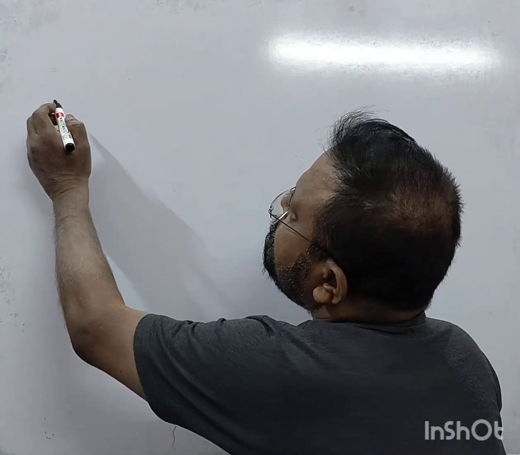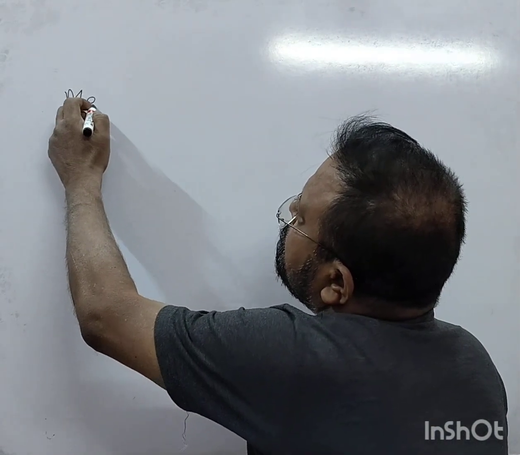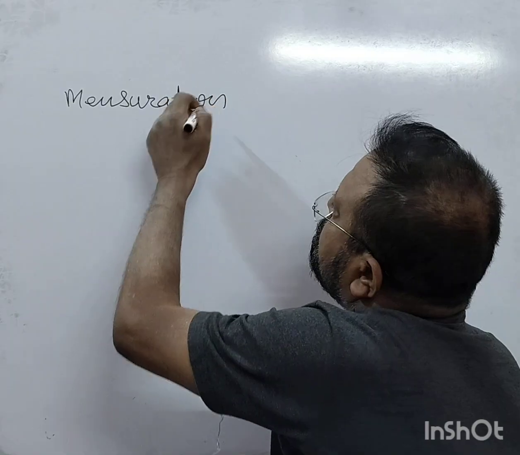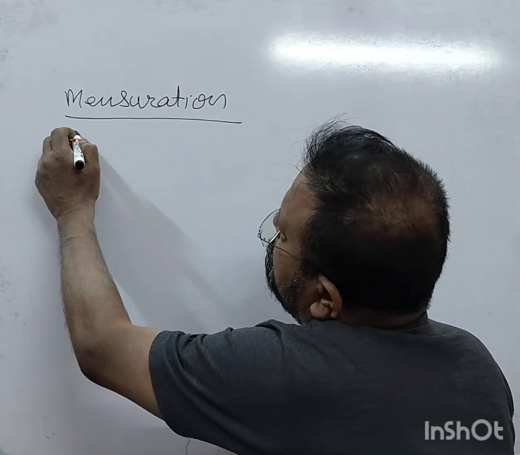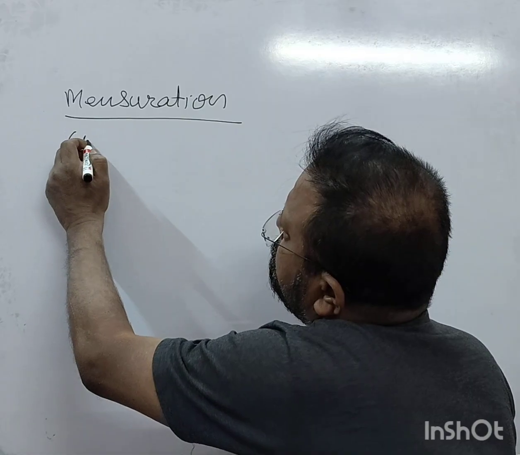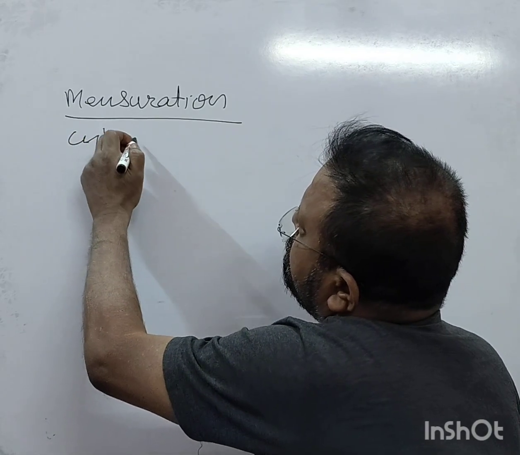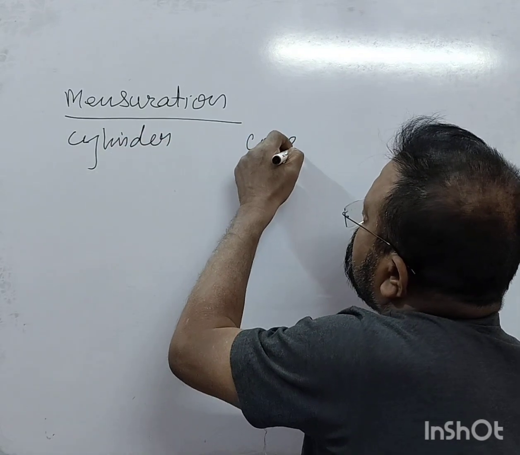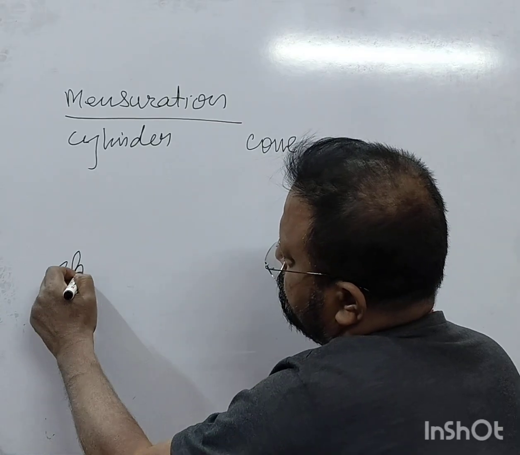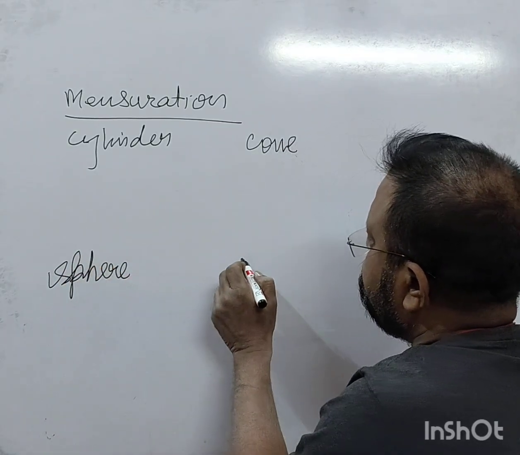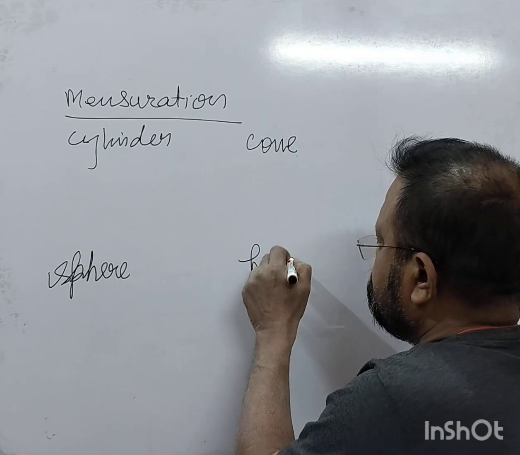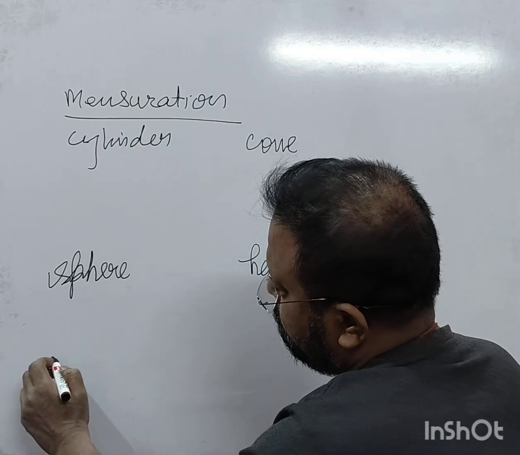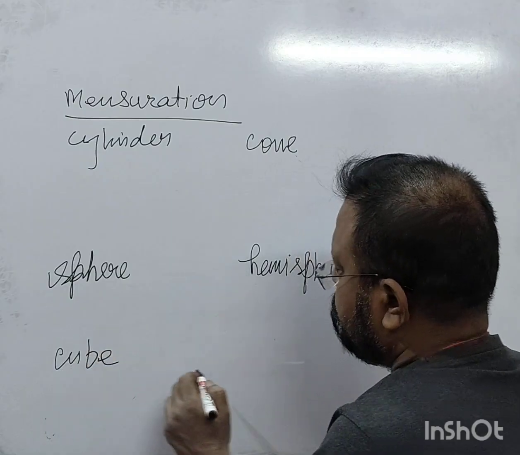In mensuration, you have cylinder, cone, sphere, hemisphere, and also cube and cuboid.